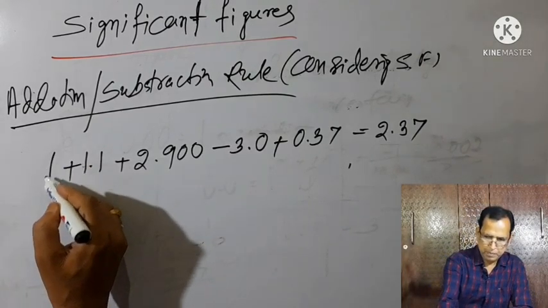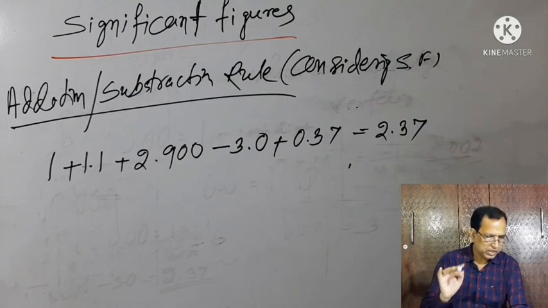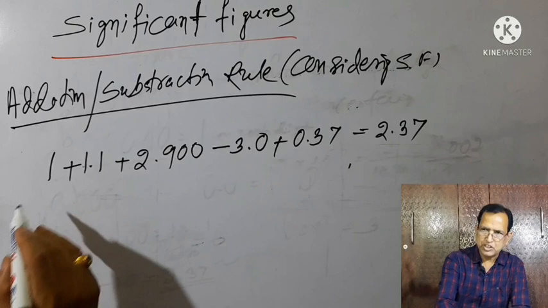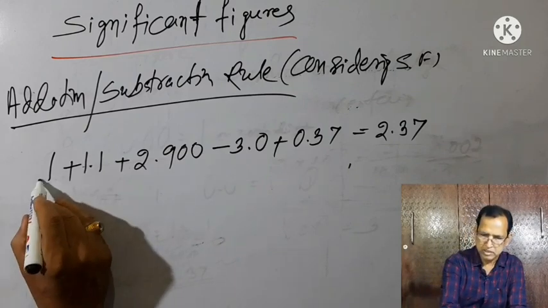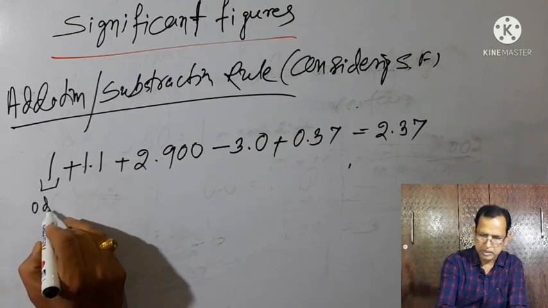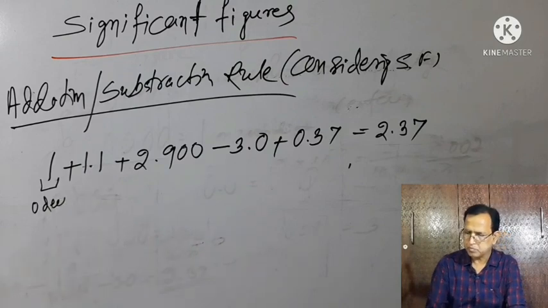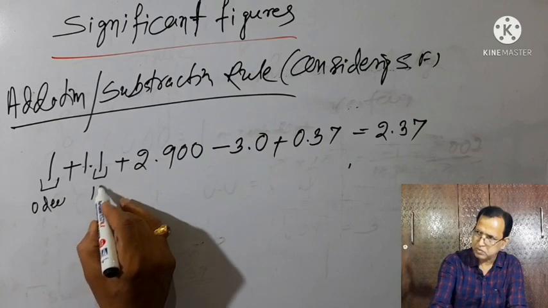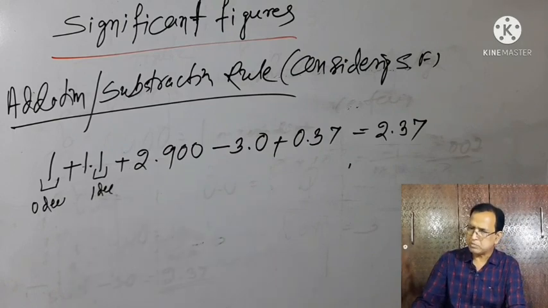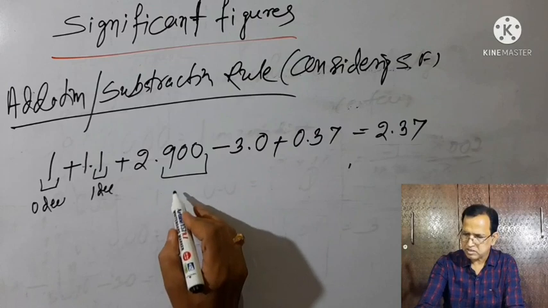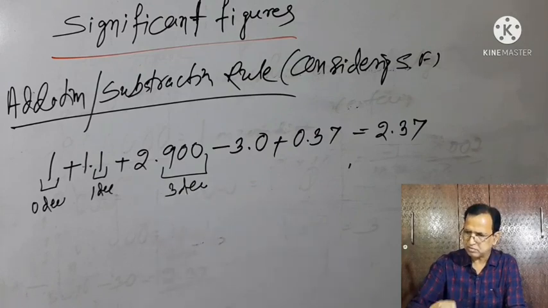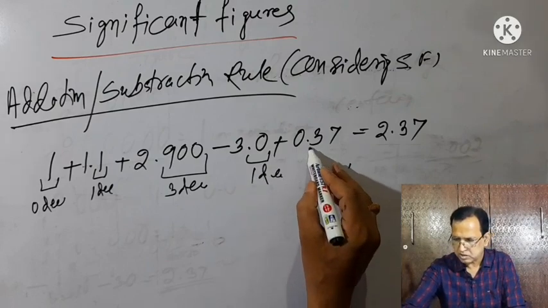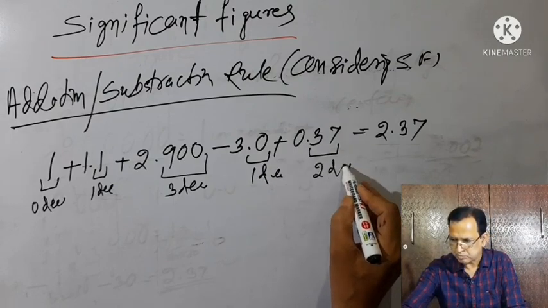In the first term, 1, that is 0 decimal places. Here 1 decimal place, here 1 decimal place, in this case 3 decimal places, here 2 decimal places.